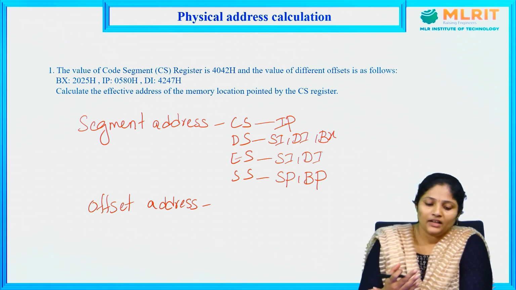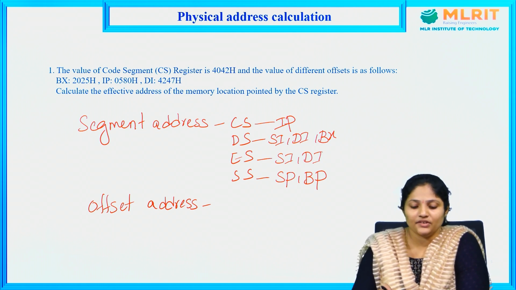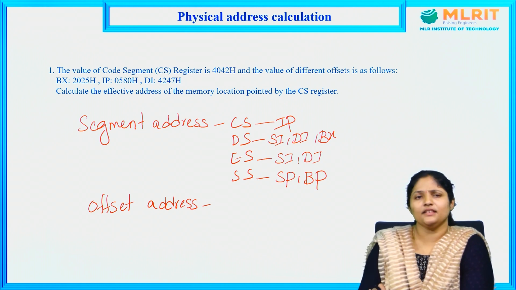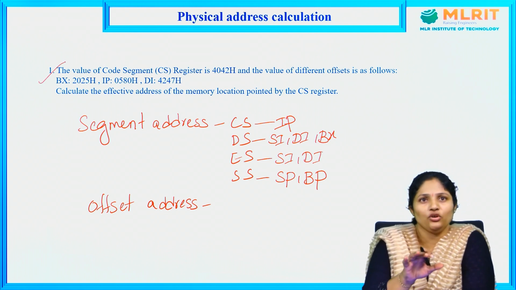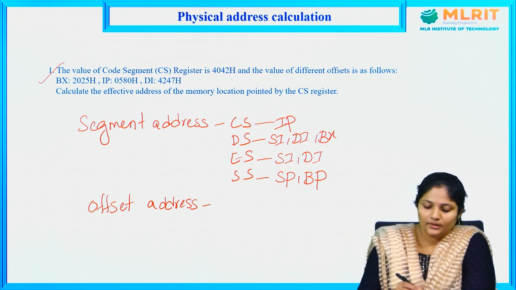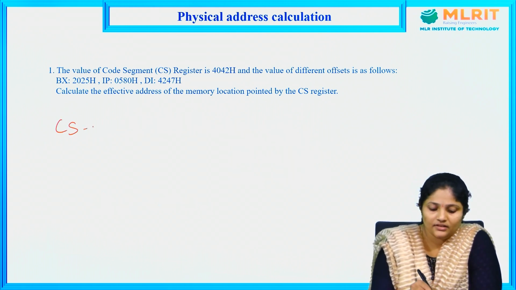So let us see how the processor calculates the physical address, with a question. Here the given data is that the code segment register is holding the value 4042H.